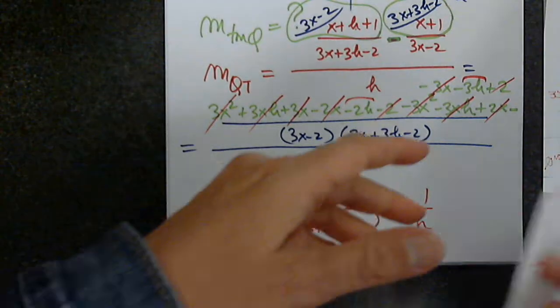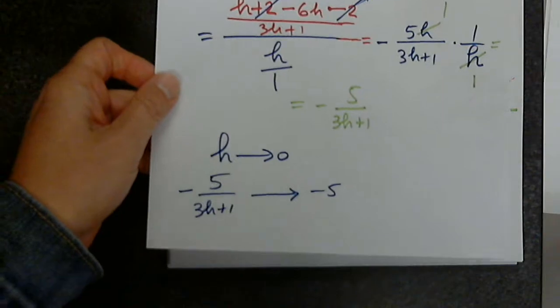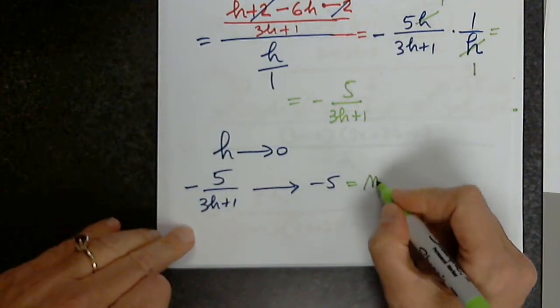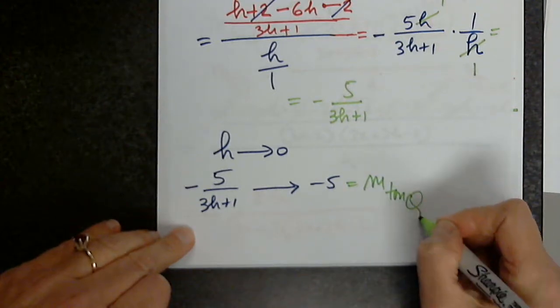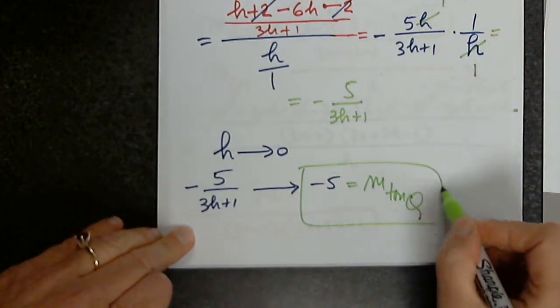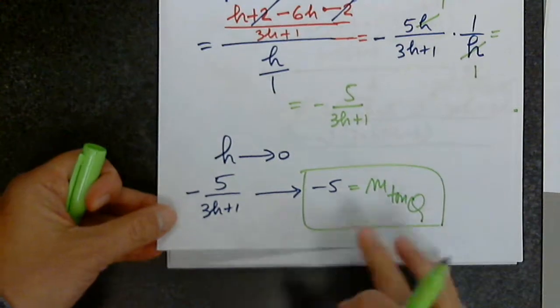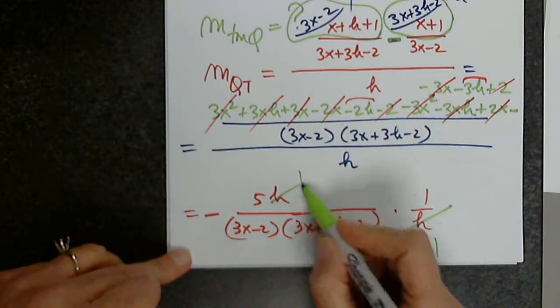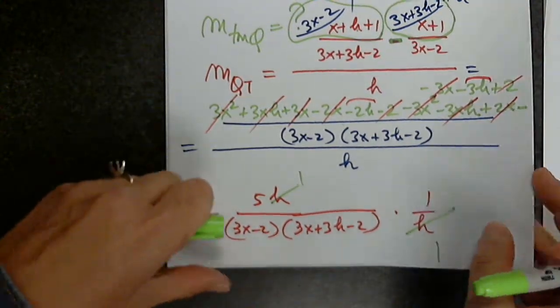I just want to make sure that you understand that this is the slope of the tangent line at Q. I said it, but I didn't write it because I want to show you something here. Okay, so obviously h with h will go away. What happens next?